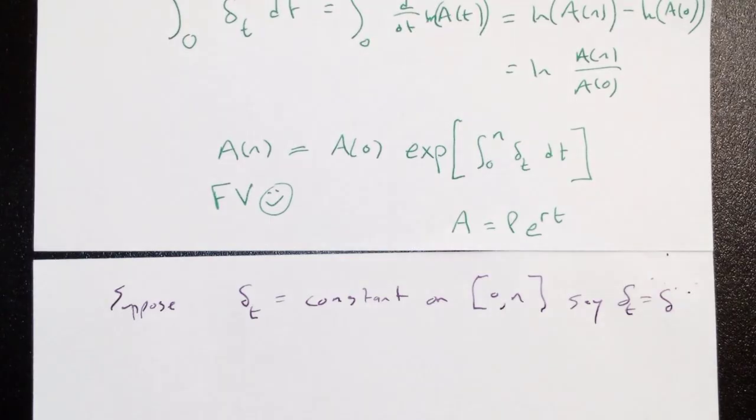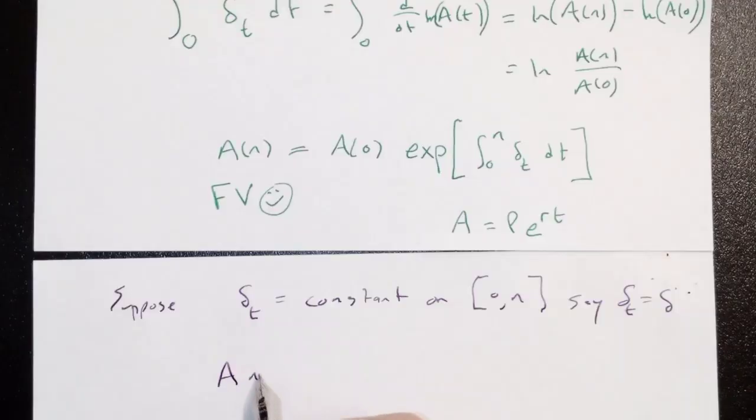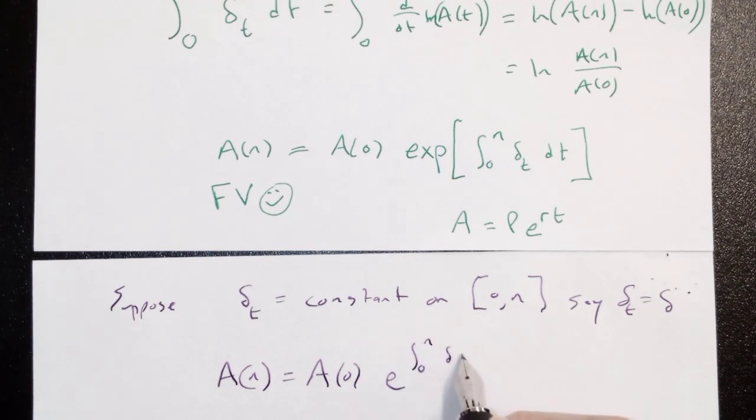It'll be a number. Then, using this formula, an is a0 times the exponential of the integral from 0 to n of a number dt. But the integral of a number is number times t.